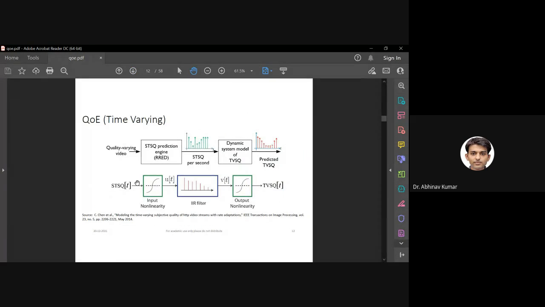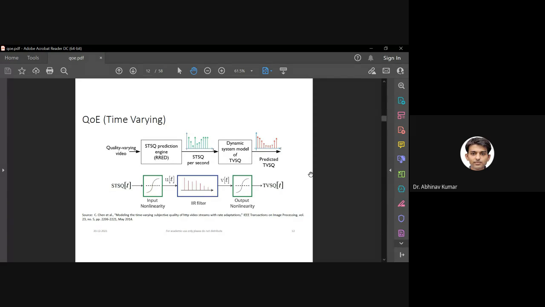And the way it worked was you have your quality varying video. There are some STSQ prediction engines, right, which keep predicting your STSQ per second, for example. And there are dynamic system models which use this STSQ and then try to predict TVSQ. And then based on this TVSQ, we can try to decide, we can fetch, for example, the next segment.